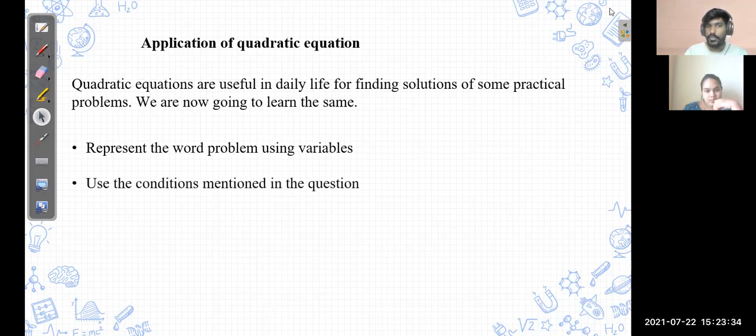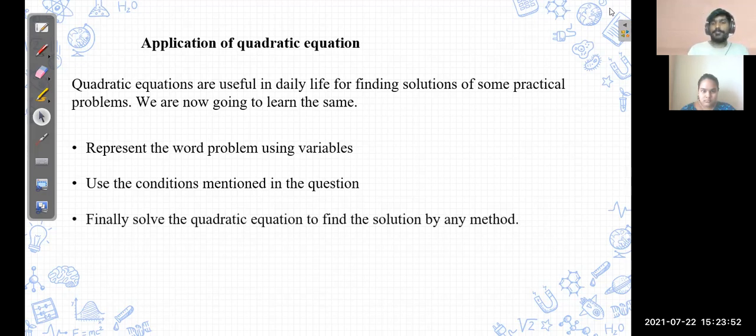After that, you have to use the condition given in the question. It's very much similar to linear equations in two variables. Whatever conditions were given, as per that condition we formed the equation. Same way, based on the condition, you have to form the quadratic equation here. Once you have formed it, the last step will be solving that quadratic equation.